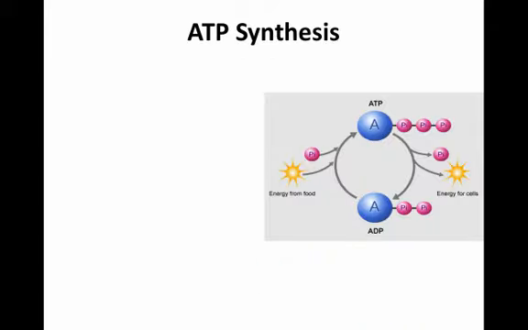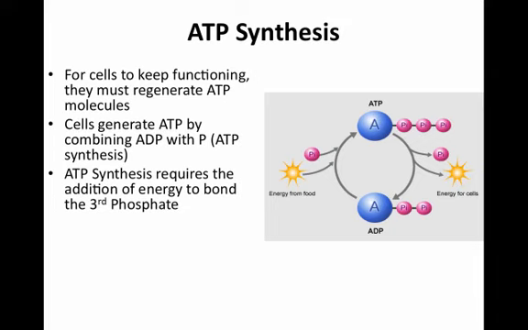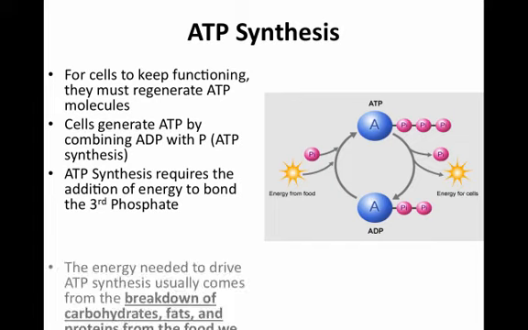Then, when we need to use that energy, we'll break it off, release the energy, and we do that over and over again. So in order to make ATP or to recharge ATP, you have to add energy in order to make that third phosphate group bond onto the chain. And so the energy that we use to make that happen comes from breaking down the food that we eat.